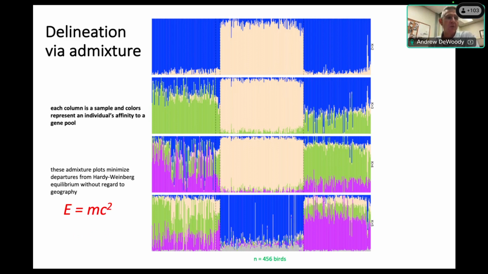We're using a similar mathematical model. It's a very simple model based on Hardy-Weinberg equilibrium, and we're telling a computer algorithm to take all these genome sequences and put them in these different categories of 2 populations, 3 populations, 4 populations, 5 populations, and tell us what the best fit is using a mathematical model.